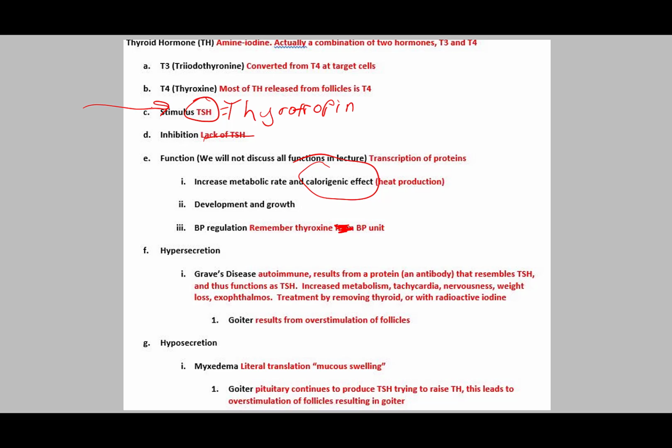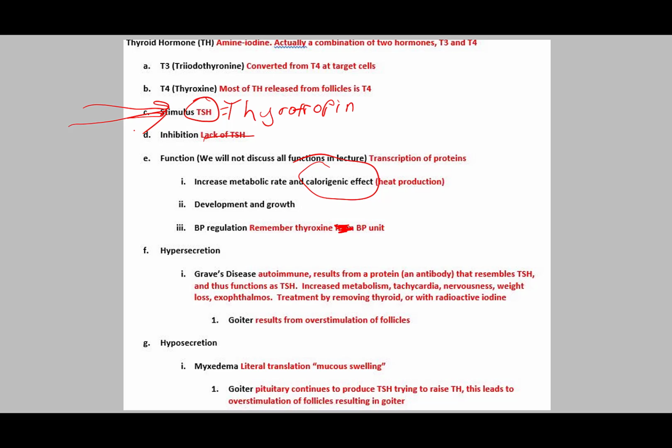And this will make more sense when we get to the pituitary later, but let's go ahead and talk about why this happens. When there is low levels of thyroid hormone, what's going to happen? We need to raise thyroid hormone. How do you do that? The pituitary gland sends TSH. That should cause the thyroid gland to release T3, T4.